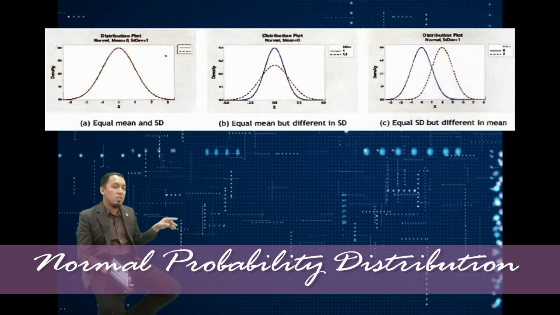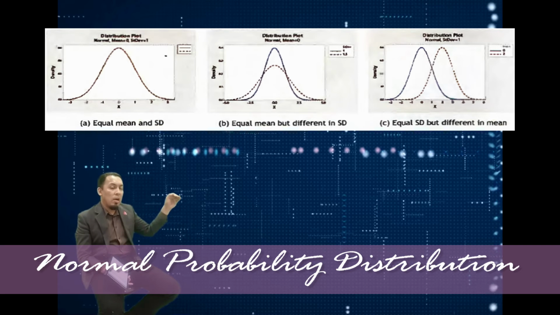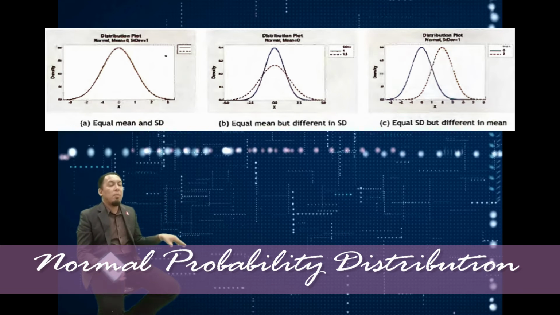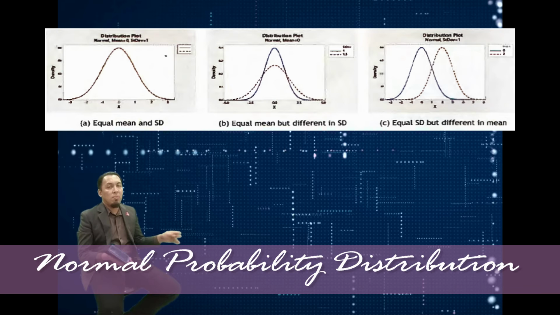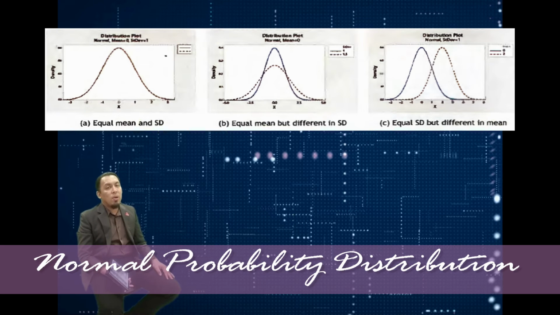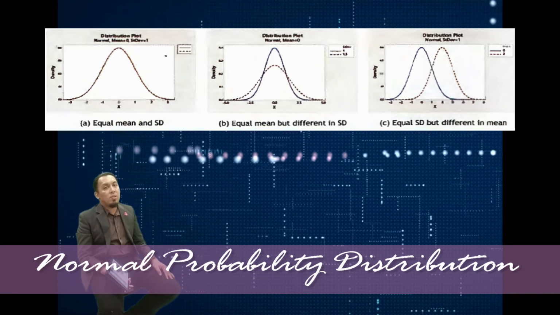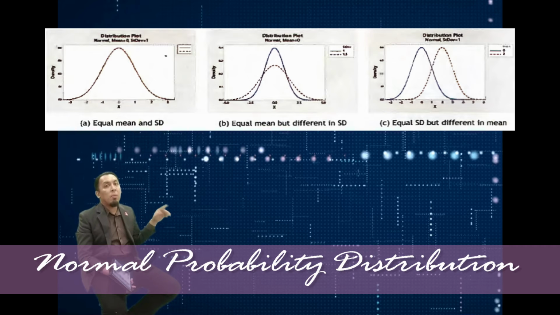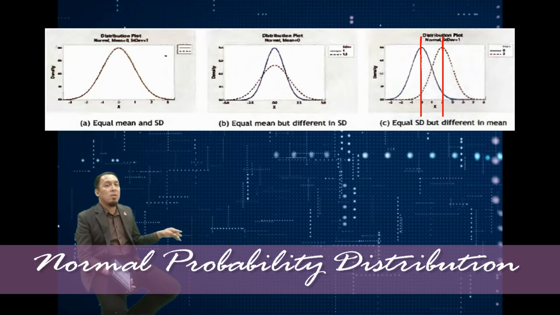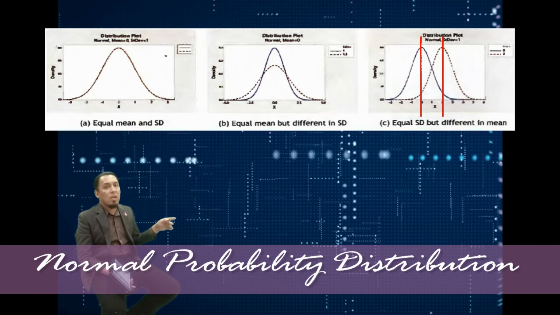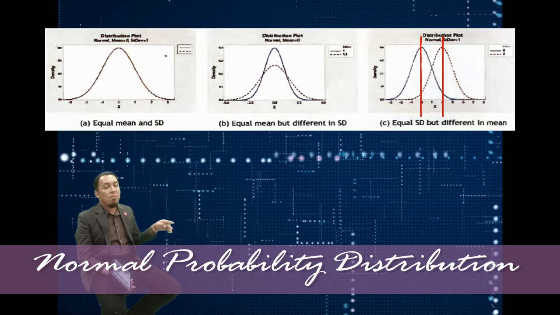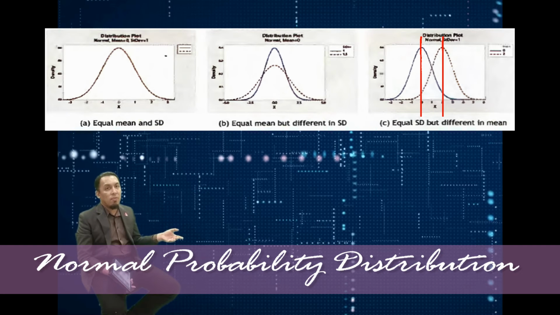For the third graph, as you can see, they have the same kind of spread because they have the same height, but they sit at different places. Why is that happening? Because they have the same sigma but different means. The mean represents the peak of each normal distribution graph.